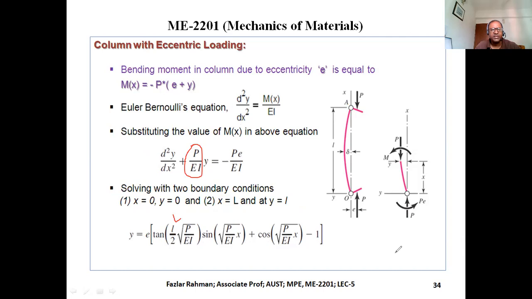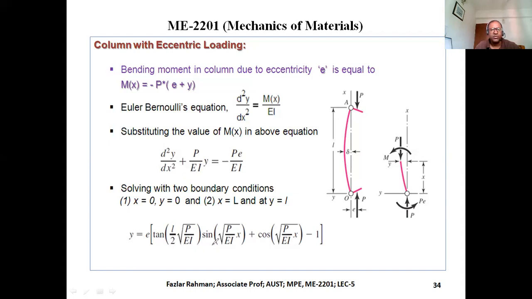If you put x equal to 0, then you see this value becomes 0, because cos 0 will be 1, 1 minus 1 is 0, and sin 0 equal to 0. So this value will be 0.